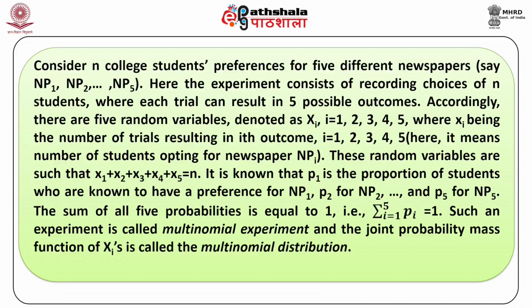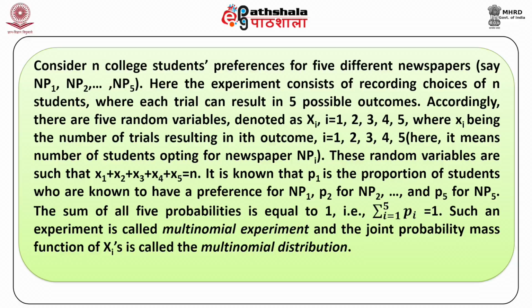Accordingly, there are 5 random variables denoted as capital Xi, where i can take the values from 1 to 5. Here Xi means the number of students opting for newspaper NPi. Now these random variables are such that X1 plus X2 plus X3 plus X4 plus X5 is equal to n, where n is a small n.